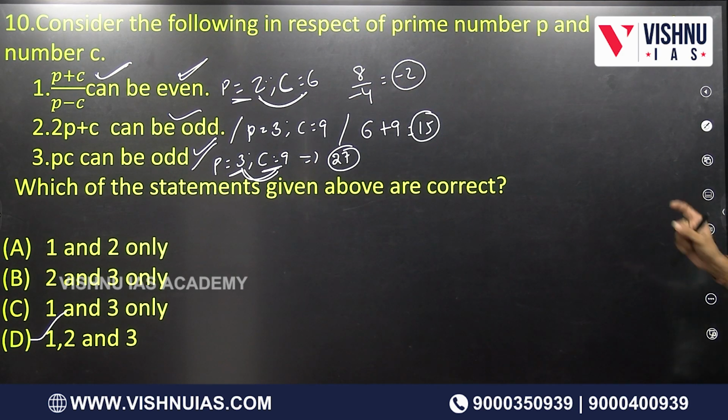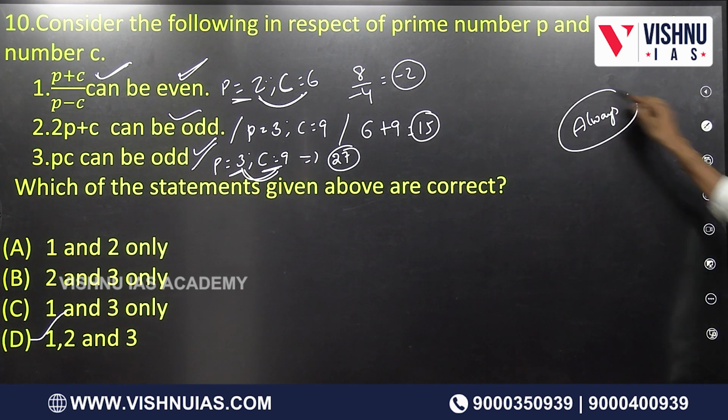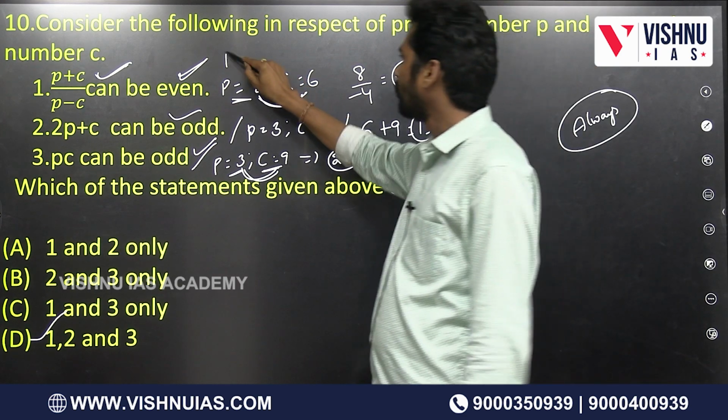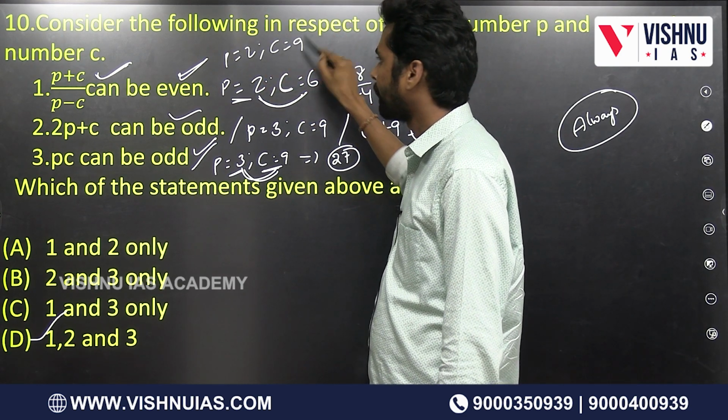If the condition is given as always, what does that mean? It should be true for any P value, and for any C value, right? So suppose you are not getting the answer, you can take some random P, say 2, and C, say 9.